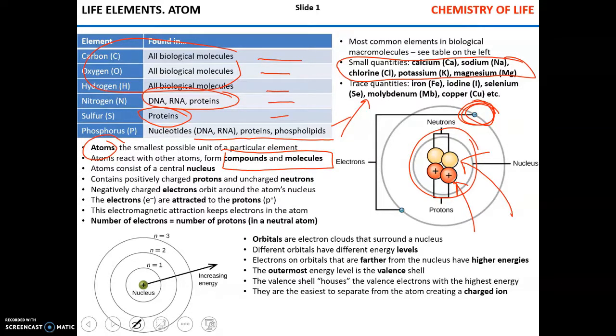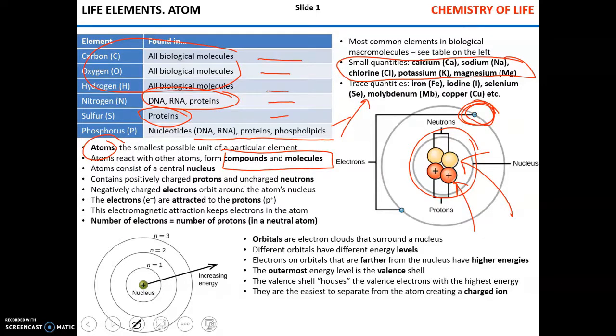These negatively charged electrons do not fly out of the atom because they are electromagnetically attracted to the protons. So obviously, since an atom is electrically neutral, the number of electrons is equal to the number of protons.